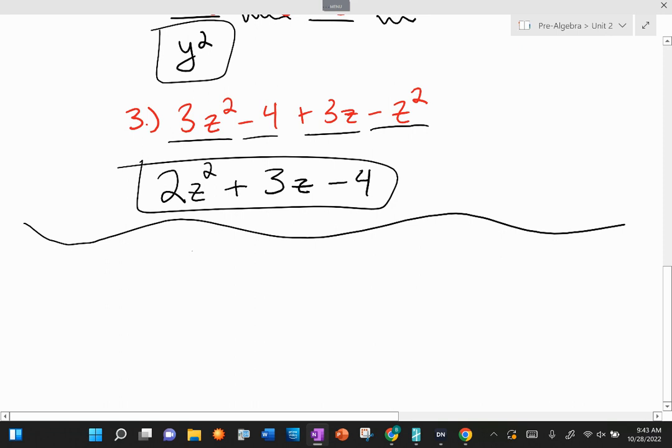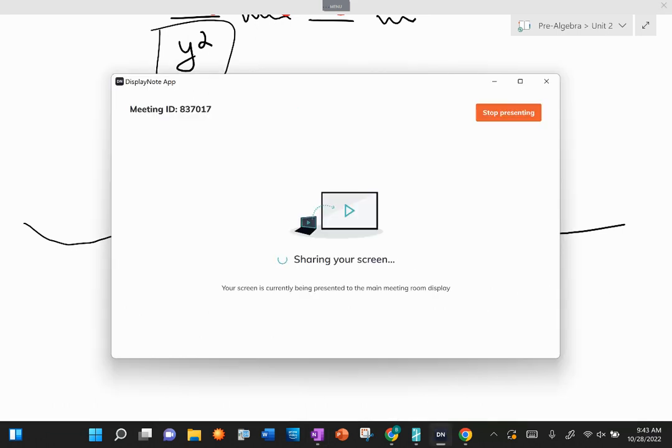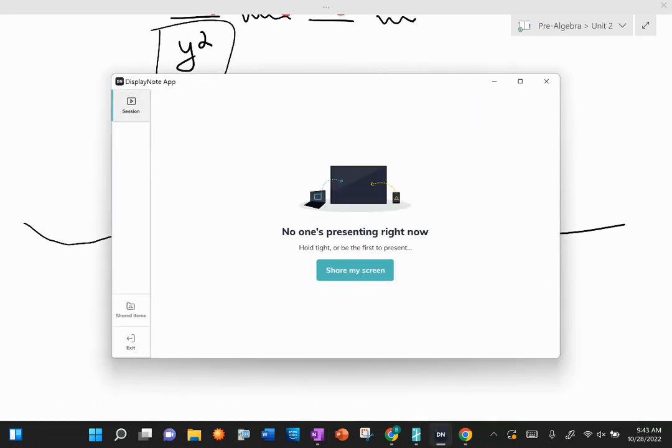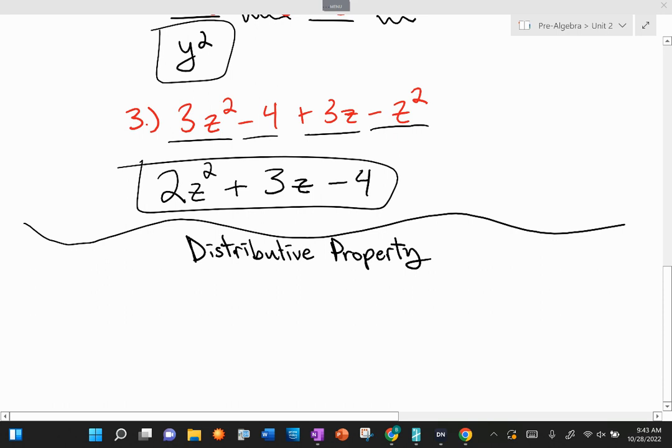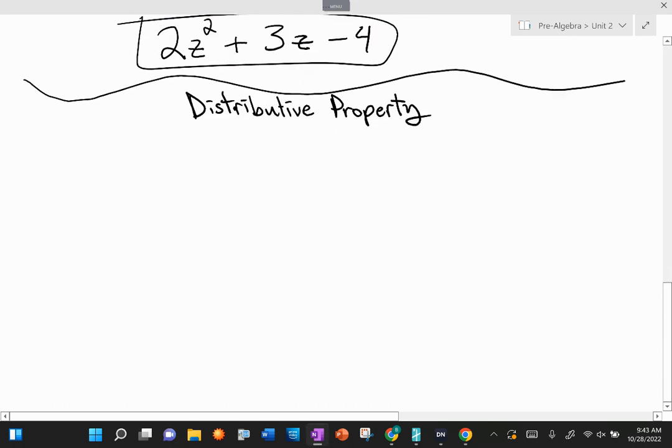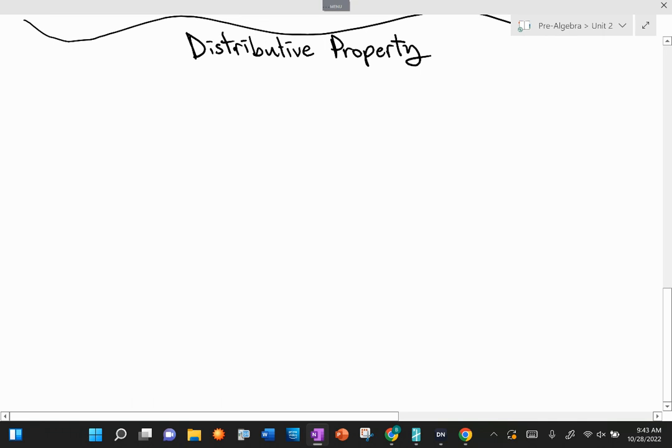Now let's practice with distributive property. Yeah, I know. It got frozen, I guess. Hold on. I'm redoing all of it. No, he's looking at like a line like that, Susie.